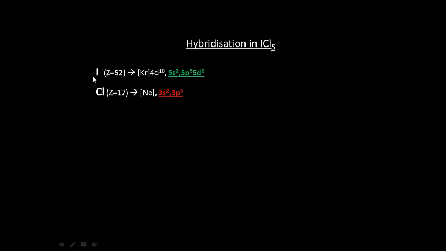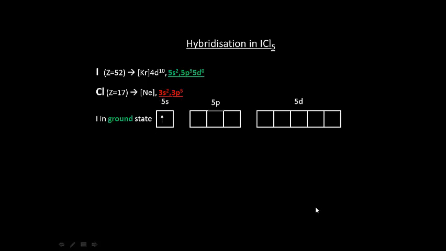As iodine is the central atom, we first need to consider the ground state electronic configuration of iodine. In the ground state, we have 5s, 5p and 5d orbitals.